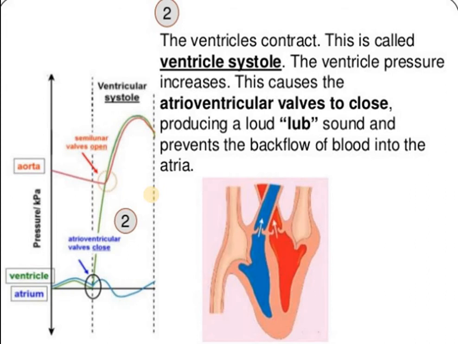So if you are asked which valves are closed or which valves are open at stage 2, you should know that whenever the ventricle contracts, the bicuspid and tricuspid valves will close, while the semilunar valves present in the aortic and pulmonary arch will open, so that the blood from the respective ventricles goes into the pulmonary arch or the aortic arch.